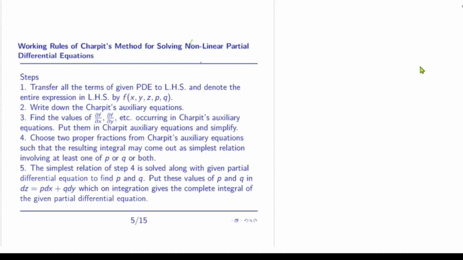Okay, now the working rule for Charpit's method is, first of all, we convert the given equation to the form f(x, y, z, p, q) = 0. Make an equation like this, and then we differentiate each part.